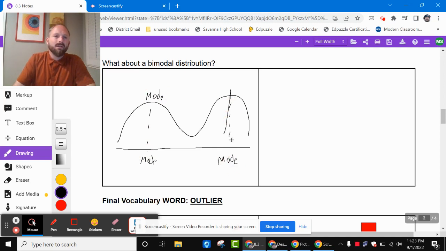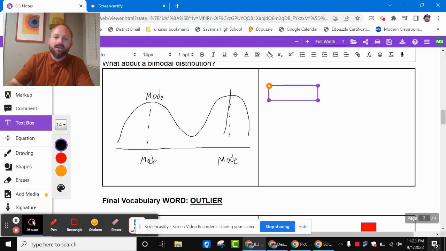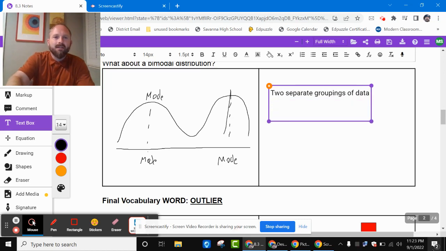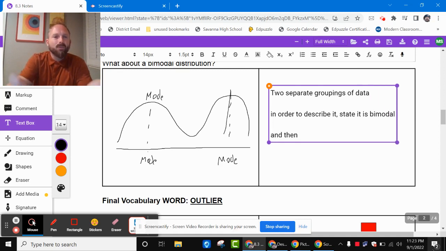And so it's when we have two separate groupings of data. The best way we could describe it is to state it is bimodal. Then what we should do is describe each group.